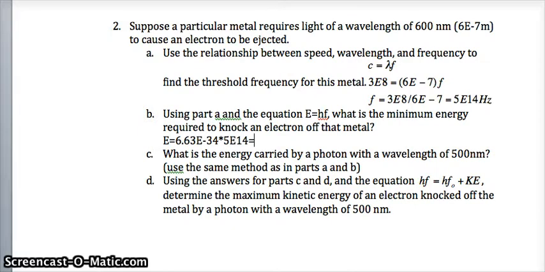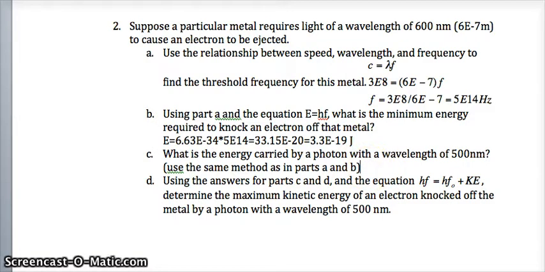It's going to be something times 10 to the negative 20th. Looks like 33.15 times 10 to the negative 20th, which is 3.3 times 10 to the negative 19th, and that's joules.